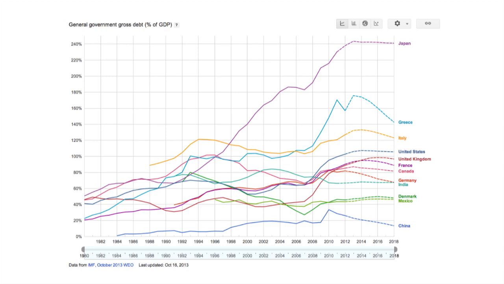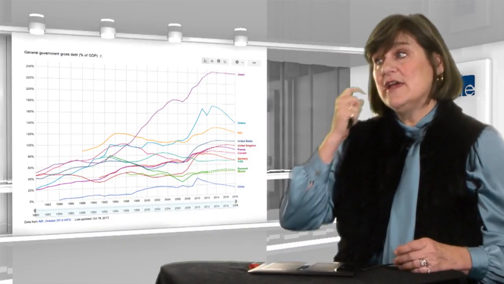We can see Italy, for example, at 120% of GDP. At the end of this period, we can see Greece, which rises almost to 180% of GDP before starting to fall. And we can see the country with the largest public debt in the world, which is Japan, at about 240% of GDP. So you can see there's a lot of variation here.